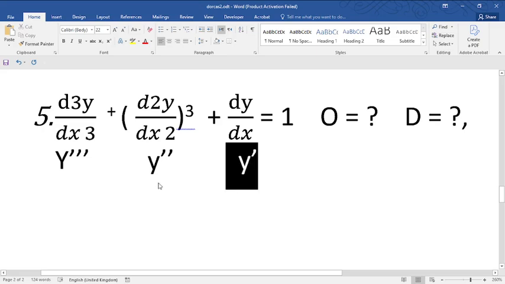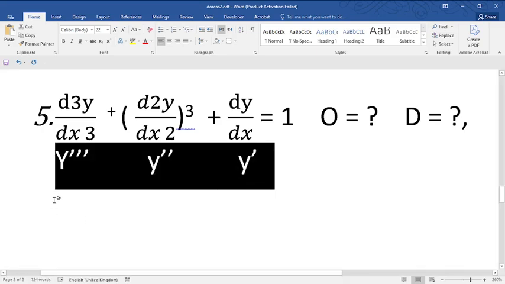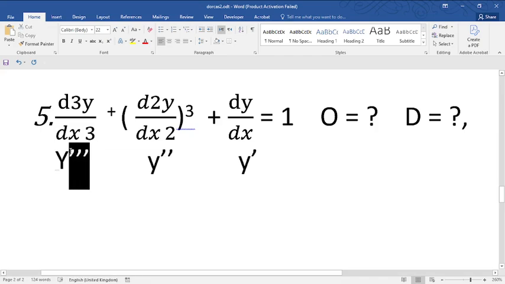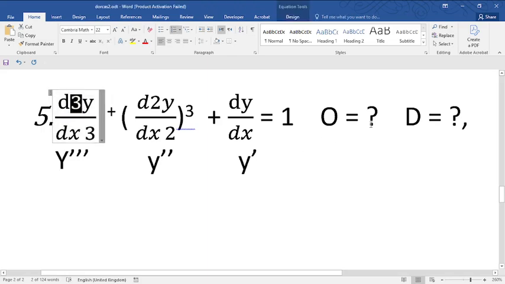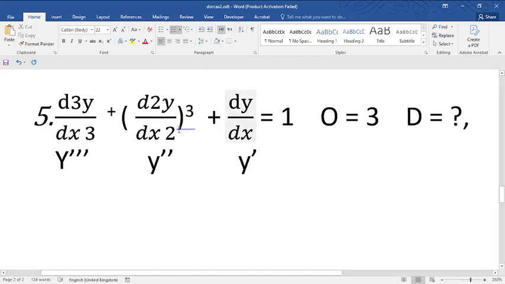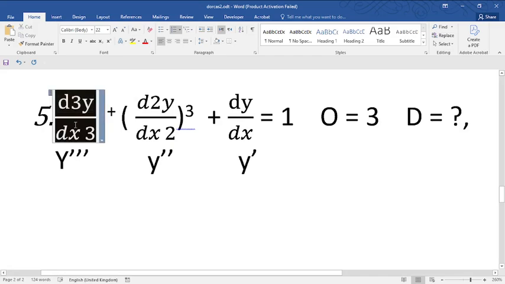Which one did they differentiate most? Which one is the highest differential coefficient? You can see that this one that they differentiated 3 times is going to be the highest one. So how many times did they differentiate it? 3 times. It is going to be your order. For the degree, you just have to check this, the cube y all over the x cube.